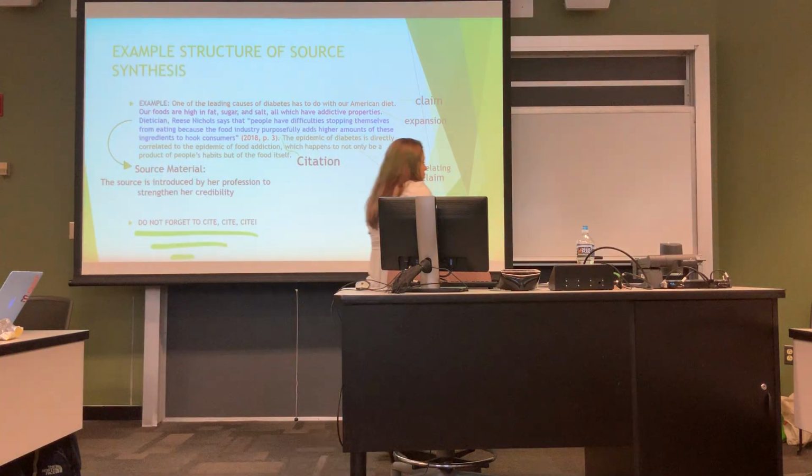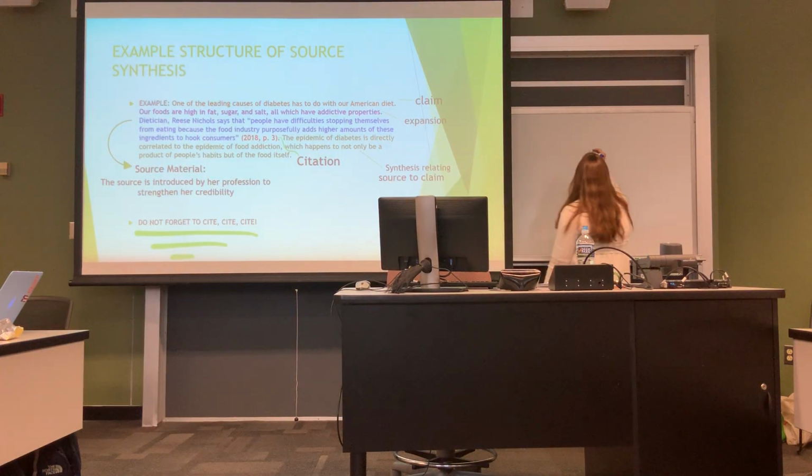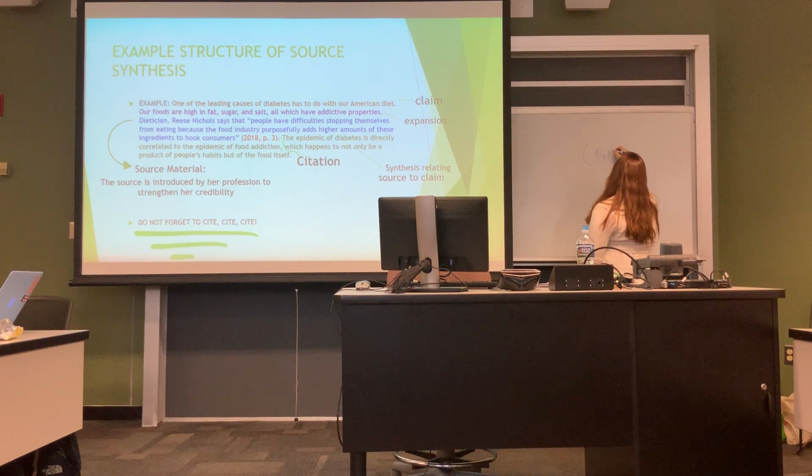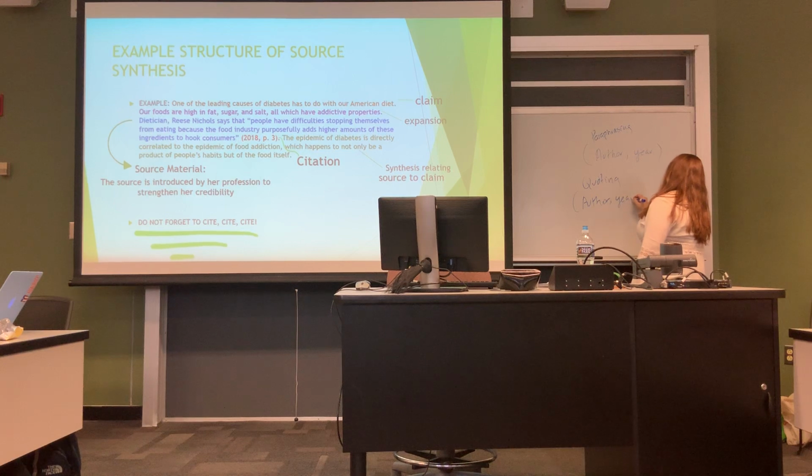There's a difference in the way that you cite in terms of paraphrasing. You're gonna either do the author and the year for paraphrasing, and then for quoting, you're gonna do author, year, and page number.